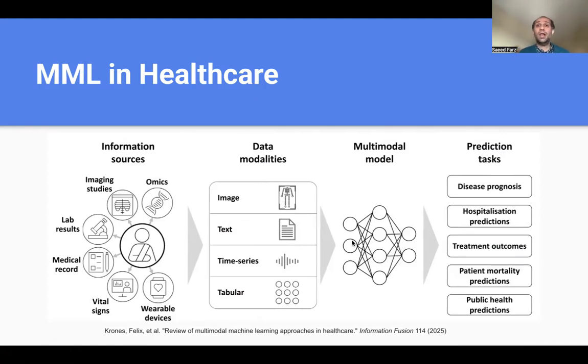We need alignment, we need a fusion technique in order to handle this variety. The output is prediction: disease prognosis, hospitalization prediction, treatment outcomes, study and analysis, public health prediction, etc. Okay.